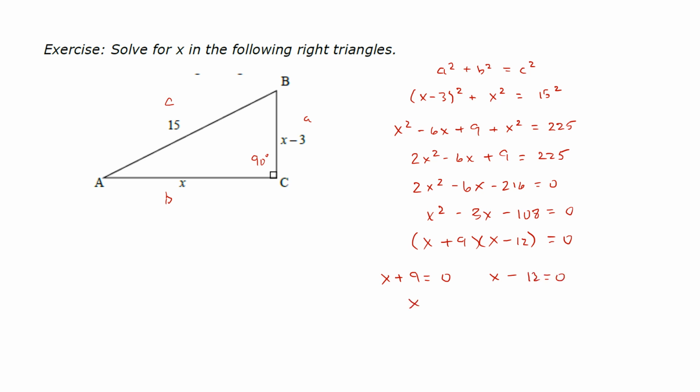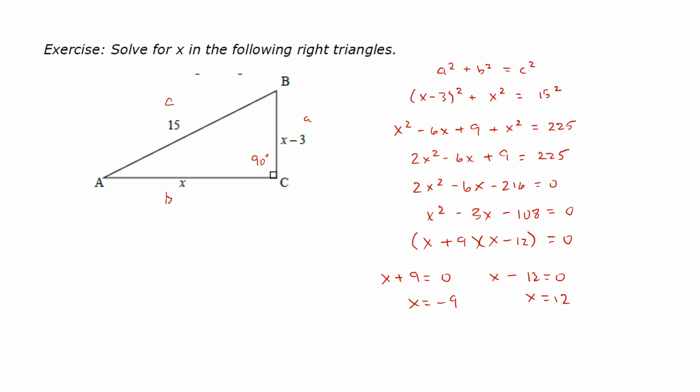And I'll get x equals negative 9 and x equals 12. Okay, so our exercise here is asking us to solve for x, not to actually solve for the lengths of each leg. So I have two options here for x. I have negative 9 and 12.